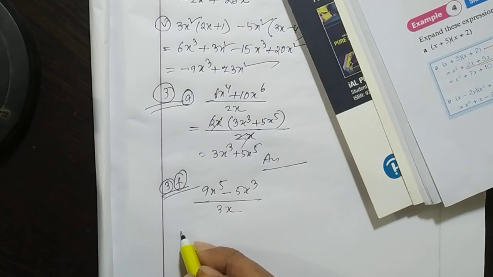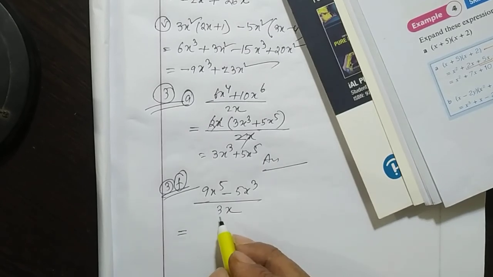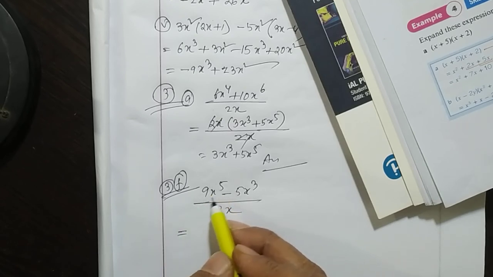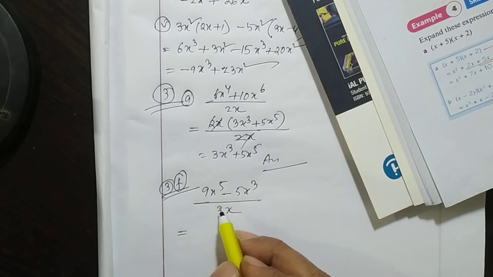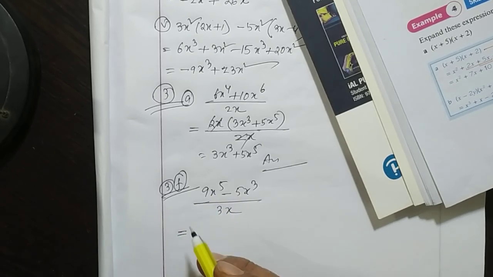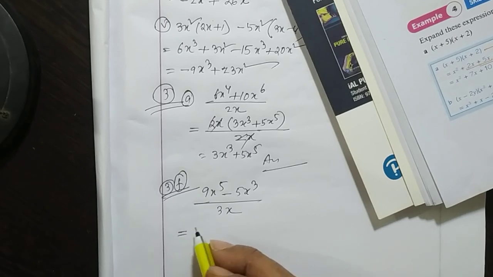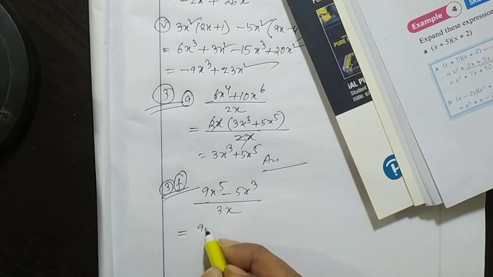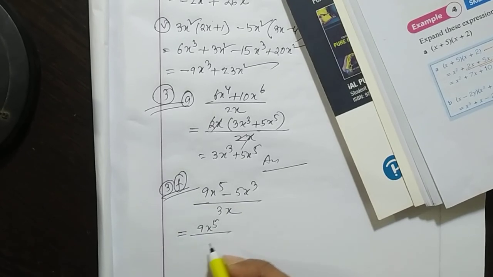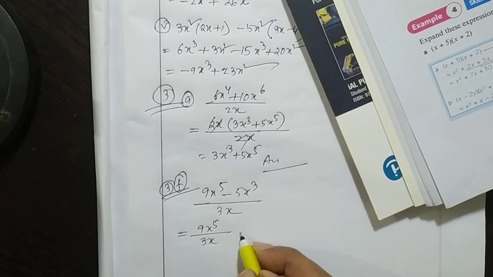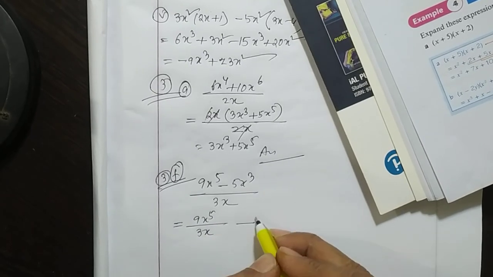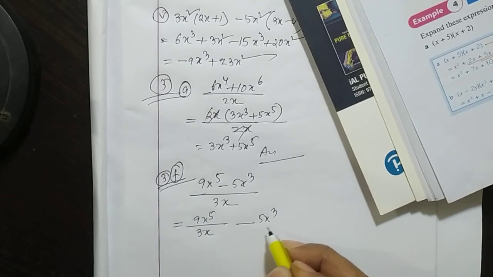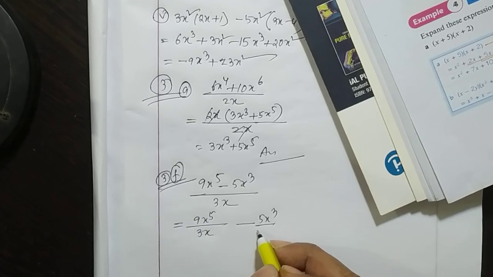Now we will follow the other rule. Distribute this 3x with 9x to the power 5 first, and secondly 5x to the power 3. That is another rule. It will be the best option if you choose whichever is applicable or whichever you prefer.